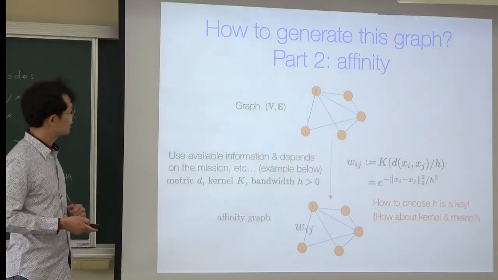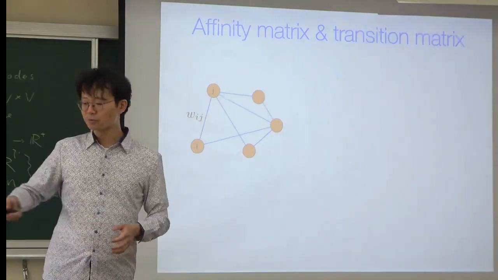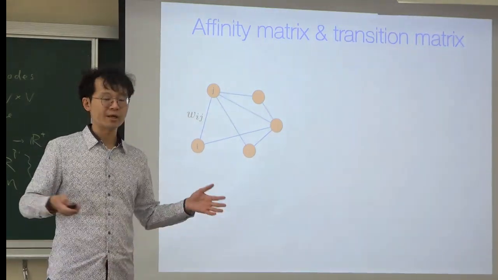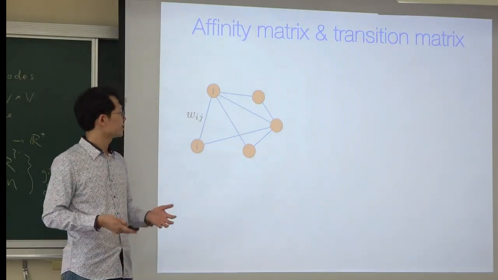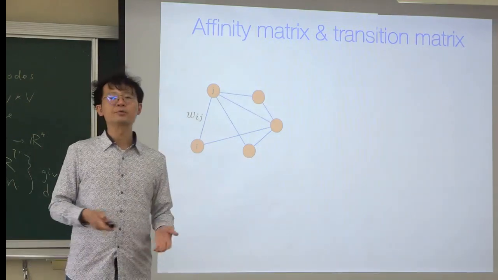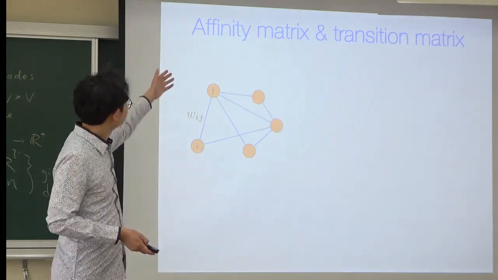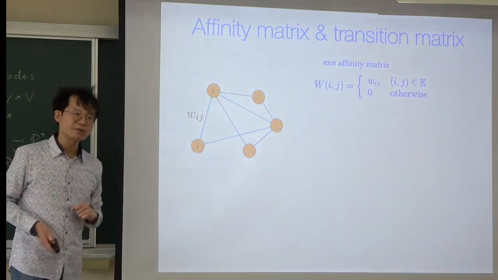Then how to do the analysis? To do the analysis, we need to work with the computer. And a computer usually can only save a vector, a matrix, and so on, and sometimes a tensor. Then what can we do to interact with the computer about the information of the affinity graph? So what we do is very simple.